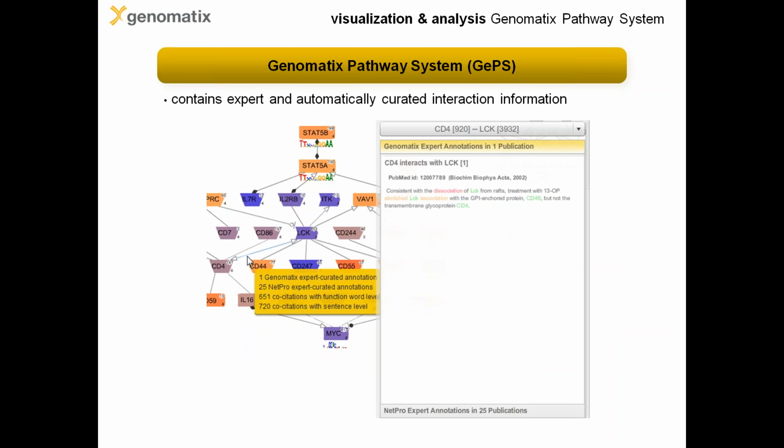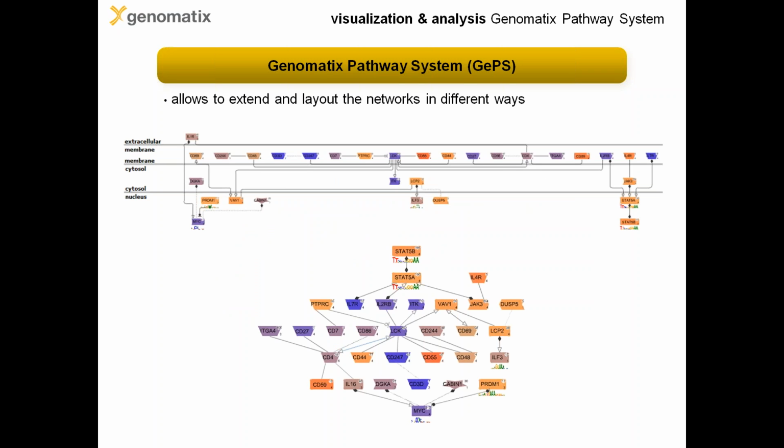And for the canonical pathways, certainly also directly from the canonical pathways, both automatically curated interaction information and also expert curated interaction information. And you can also change your networks, manipulate them in a number of different ways. For example, change the layout of the networks or extend the networks.